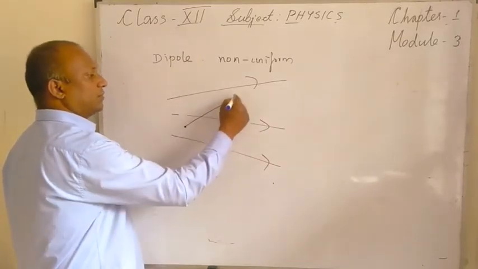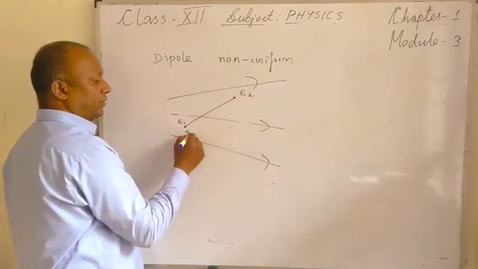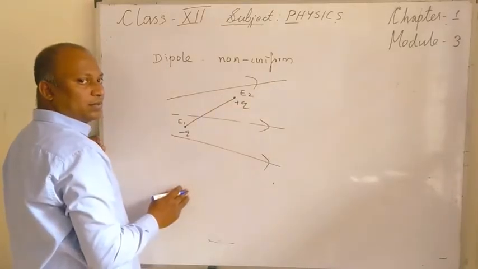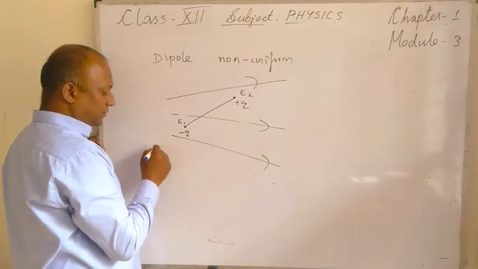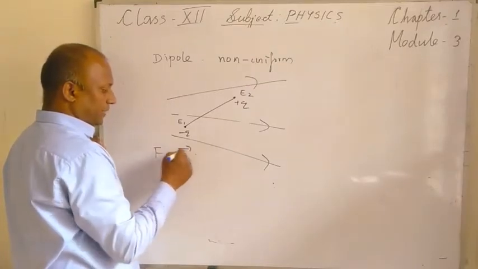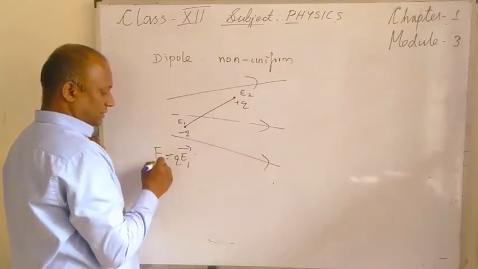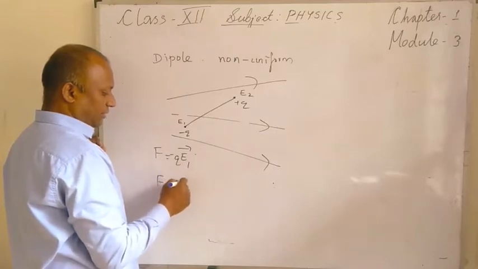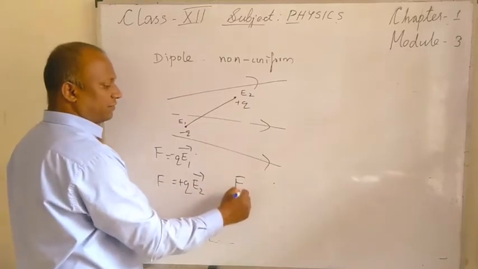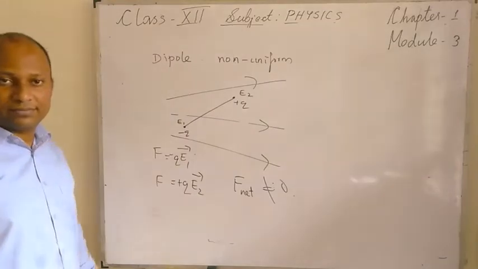Suppose there is a dipole with electric field intensity E1 and E2, minus Q and plus Q. Then the force is QE1, and the force on the second, positive charge Q is QE2, and there is a net force, and the net force is not equal to 0 because E1 and E2 are not equal.